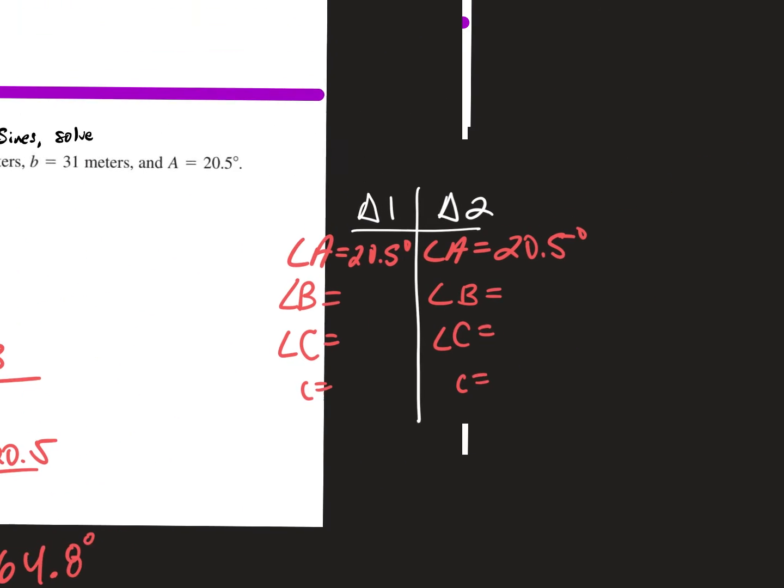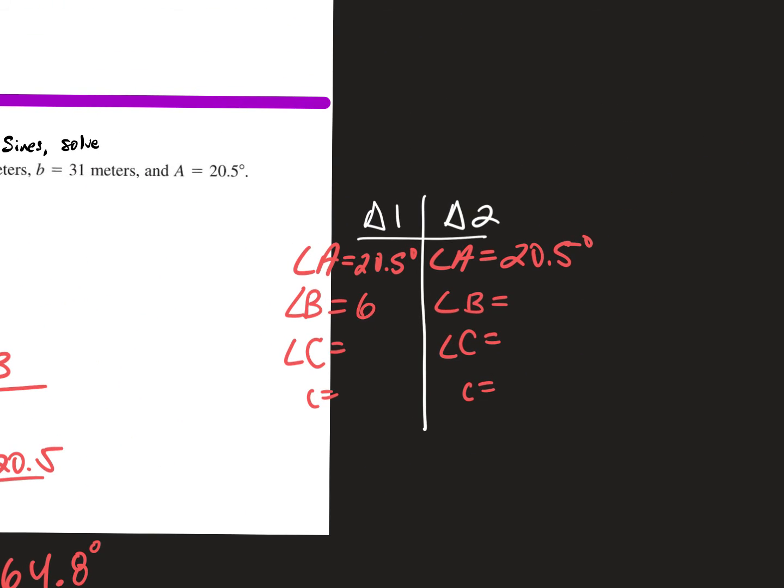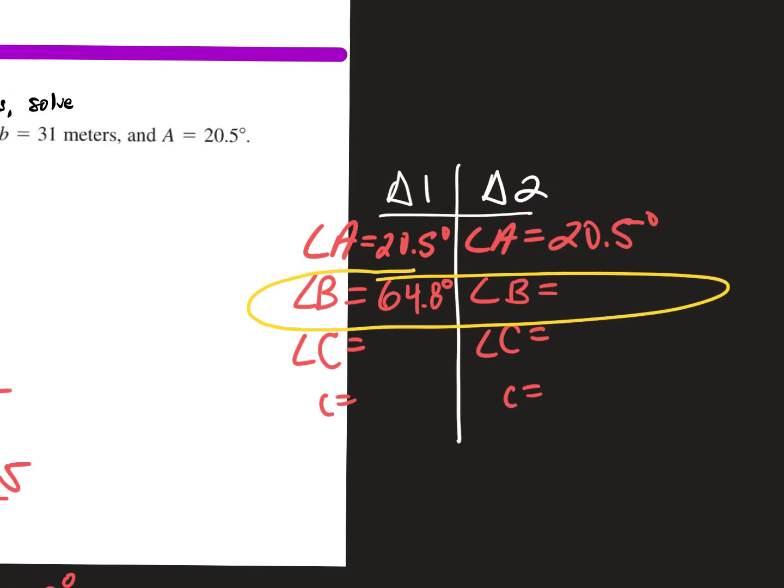All right. Here is where we find out if there's a second triangle or not. 64.8 degrees. The first angle you find is what you use as your finding point. I find the supplement of this.